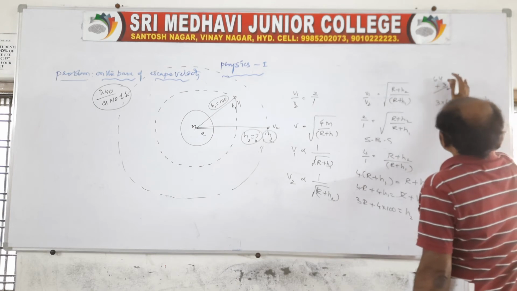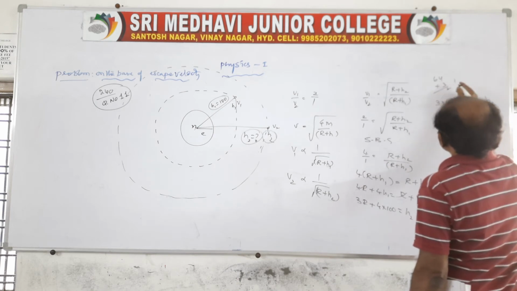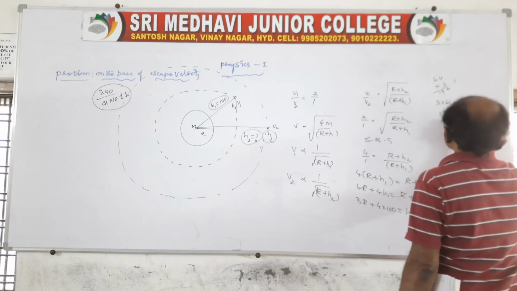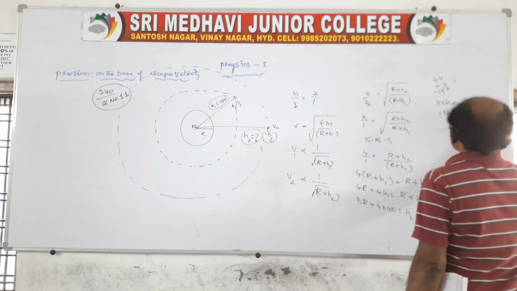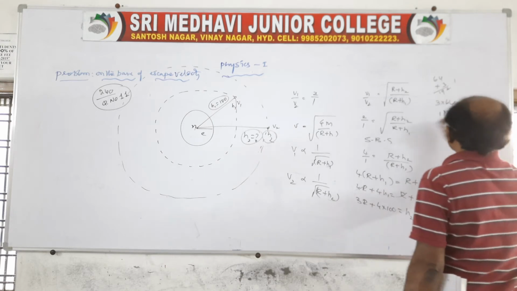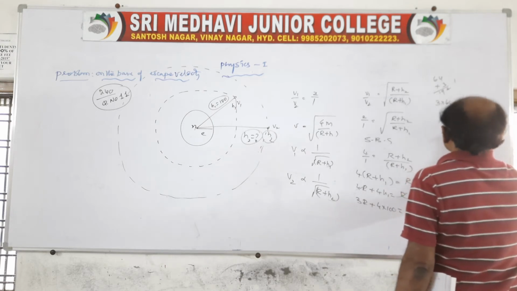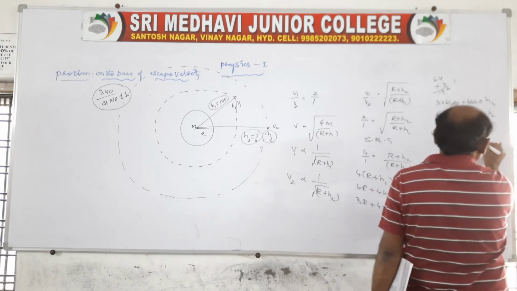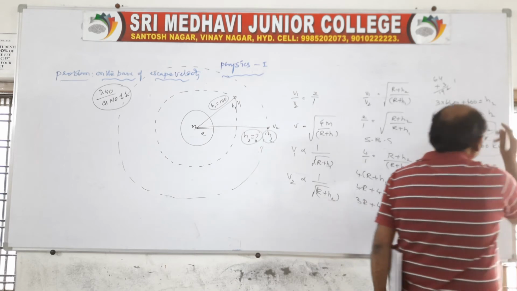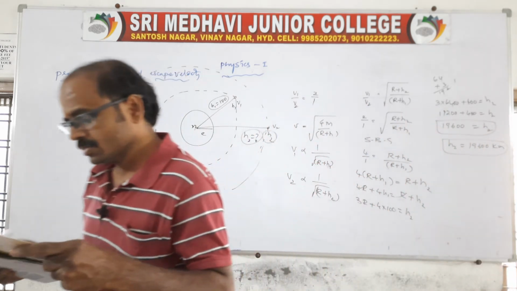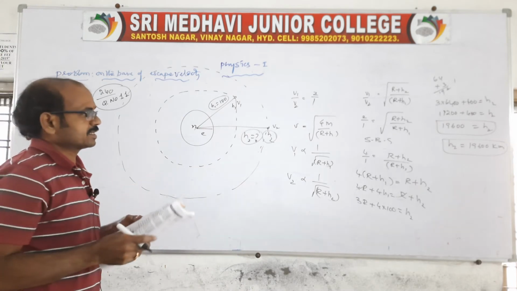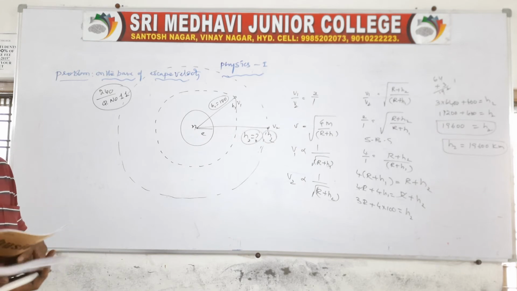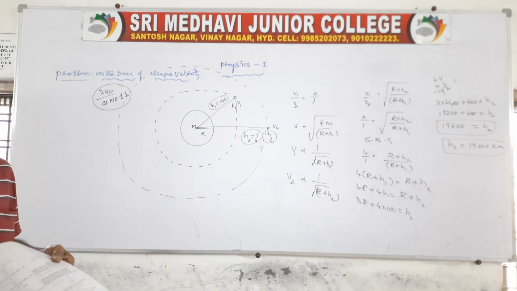See, 3 4s are 12 and 3 8s are 18 and 19. So 192, 2 zeros, plus 400. So the second orbit is at a height of 19600. H2 is equal to 19600 kilometers. This is the problem which we can do like this. 19,600 kilometers.